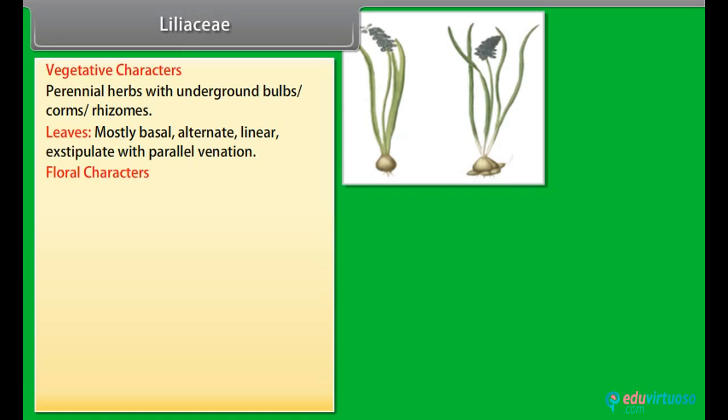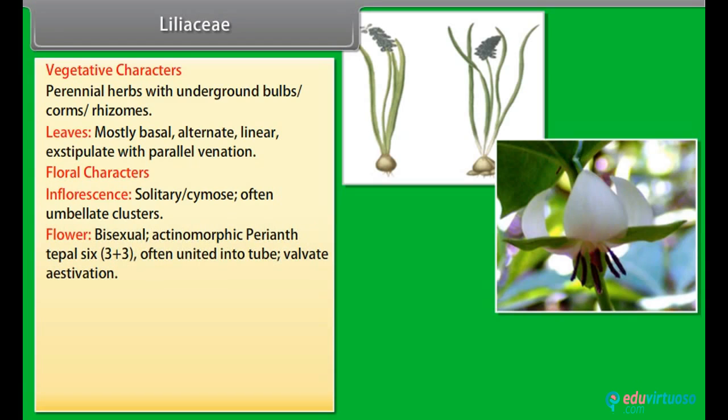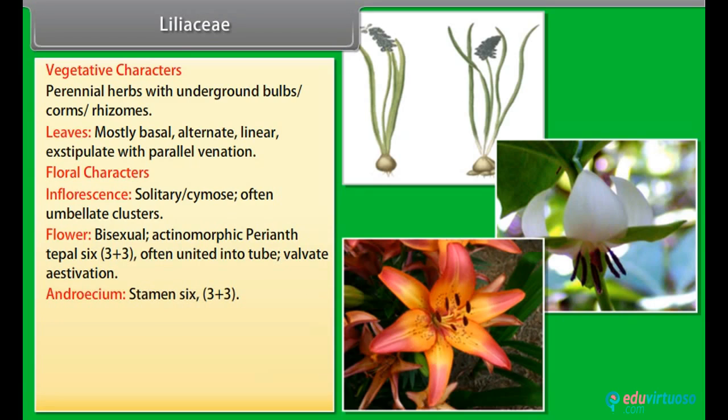Floral characters. Inflorescence, solitary, cymose, often umbellate clusters. Flower, bisexual, actinomorphic. Perianth tepals 6, 3+3, often united into tube, valvate aestivation. Androecium, stamens 6, 3+3.